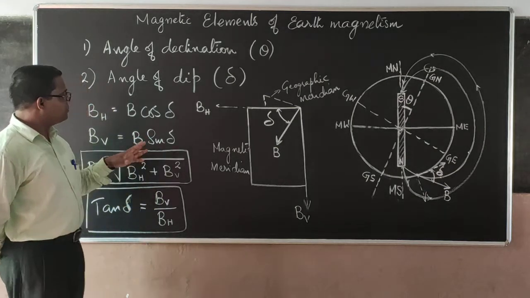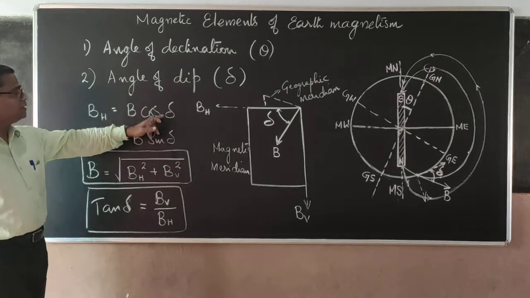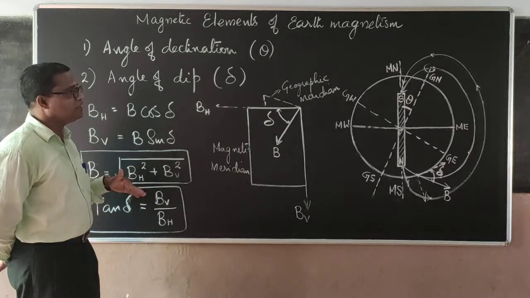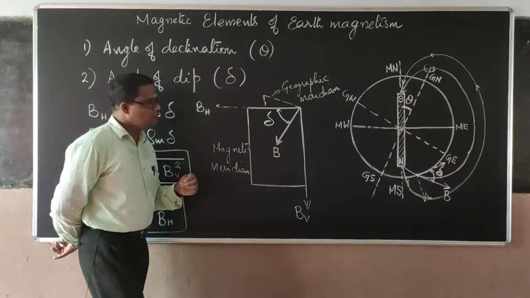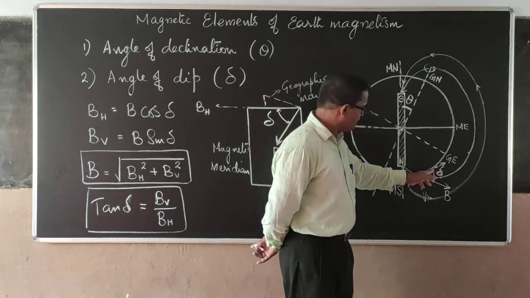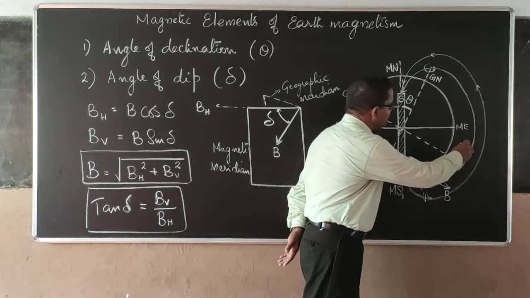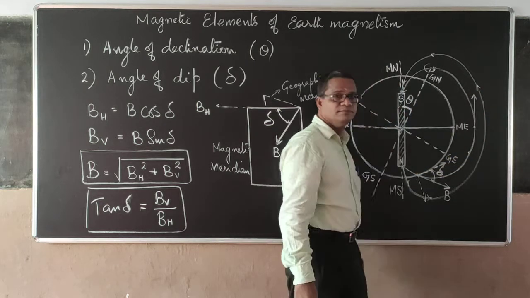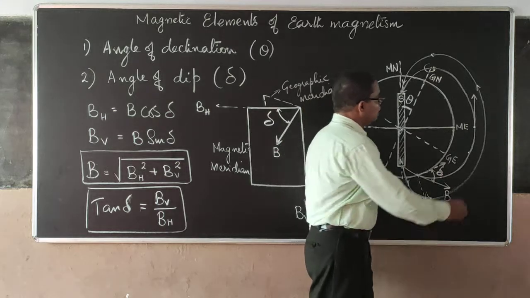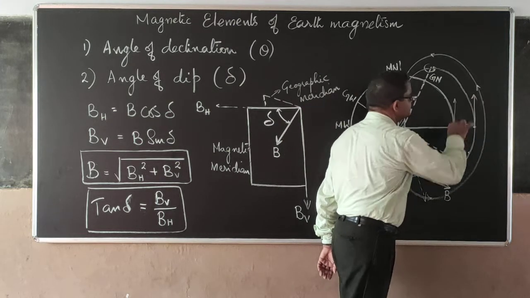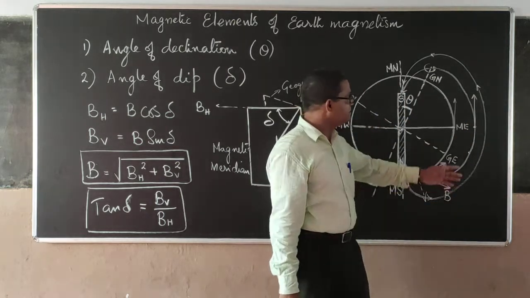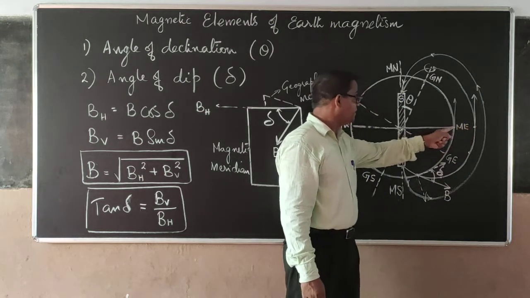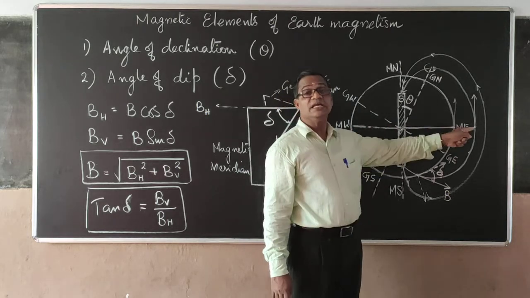Now a little more points about the angle of dip. This angle of dip is found to vary from place to place. You can see the value here is this much, but if you take the value over here, you can find that the B here will be along this way, which means it is parallel to the ground. That means delta at this point is going to be 0. This point is at the magnetic equator.